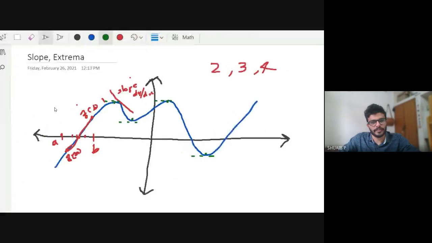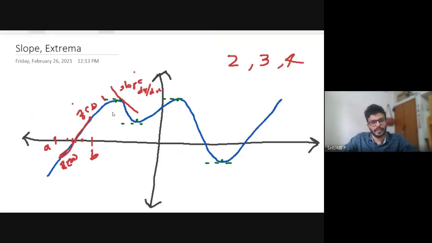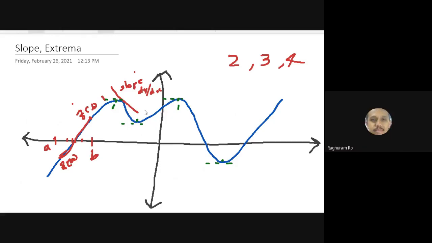So I think people can identify which are the local maxima and local minima. These 2 points are local maxima.